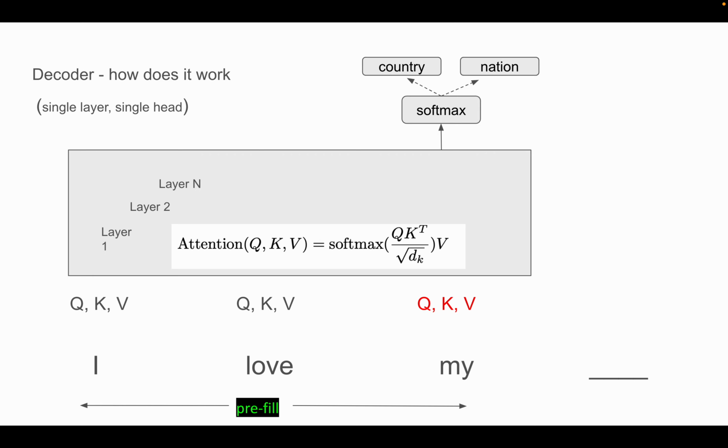Okay. And typically, whatever prompt you have given, for example "I love my", this is the input I have given. For example, for "love", we need not calculate what the next word is, because that is already given in the prompt. We need not predict what is next to the word "love", right?